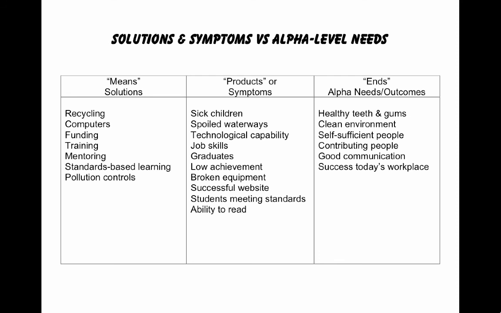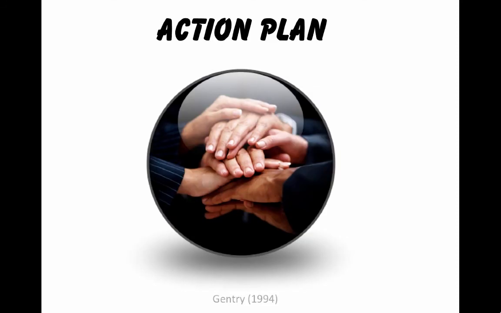Let's look at the next column. These are our ends or alpha level needs or outcomes. Things like healthy teeth and gums, a clean environment, self-sufficient people, contributing people, good communication, success in today's workplace. These are alpha level needs. Graduates, for example, as a product, leads to self-sufficient and contributing people. I hope you have the idea now.